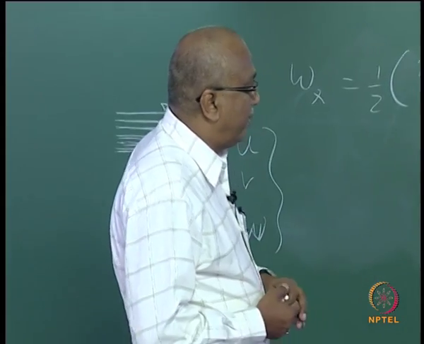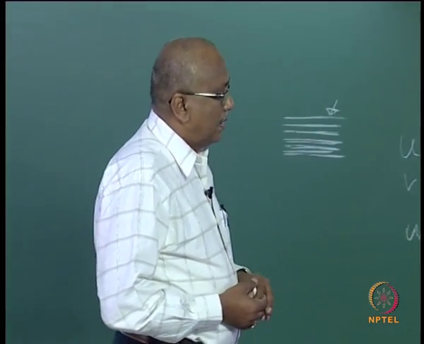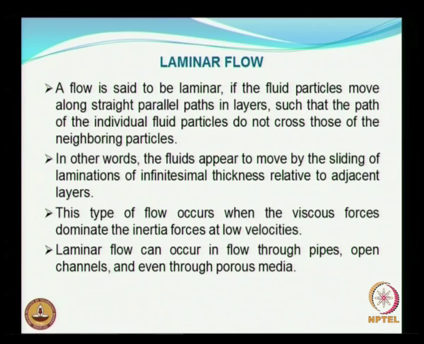So laminar flow can occur in flow through pipes or open channels or even through porous medium. Of course, laminar flows are much easier for us to solve compared to turbulent flows.